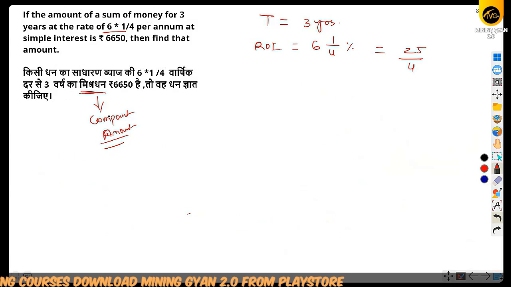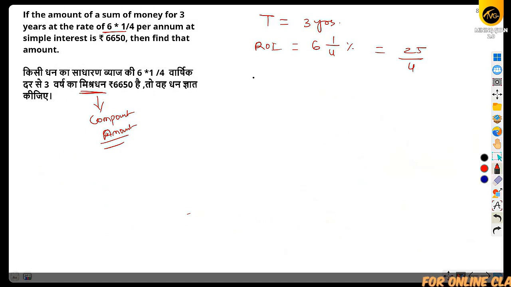In English translation, basically the terms sum of money, compound amount and total money are used, and you can also directly say compound amount. So you have to figure out what is the sum of money. So basically sum of money means compound amount.